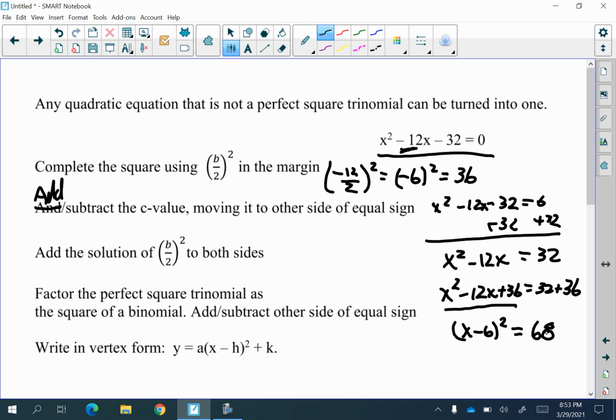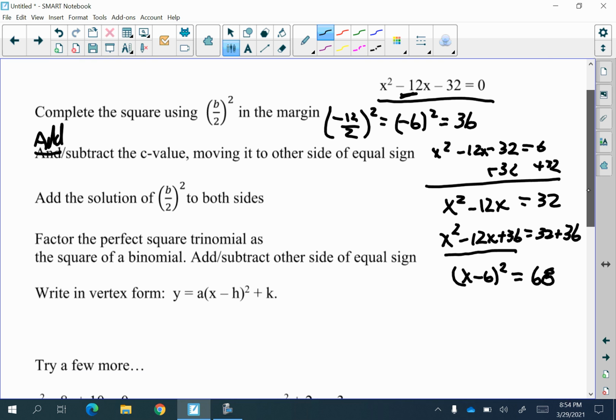All right, once I do so, then we're going to take this and get it into vertex form. And so for me to be able to do that, I have to take the 68 now and subtract it back over. And I get x minus 6 squared minus 68 equals 0.